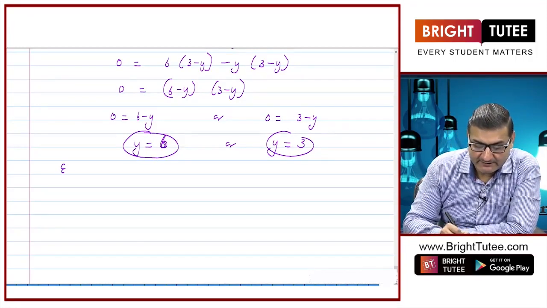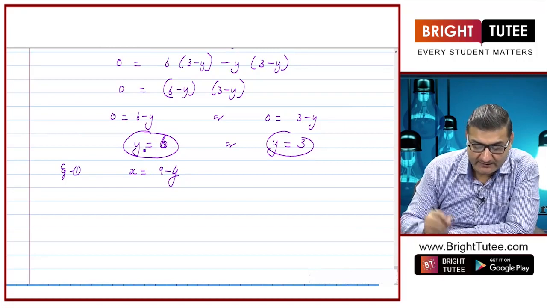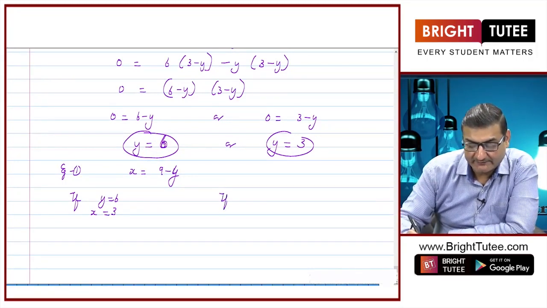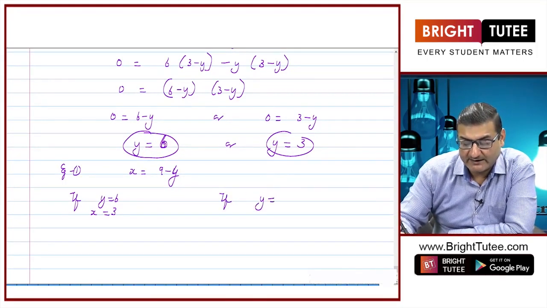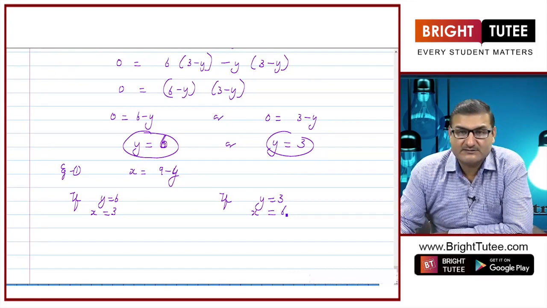Now as per our equation number 1, we saw that x was equal to 9 minus y. So if y is equal to 6, then x will be equal to 9 minus 6, that is 3, and if taking this possibility y is equal to 3, then x will be equal to 9 minus 3, which is 6.